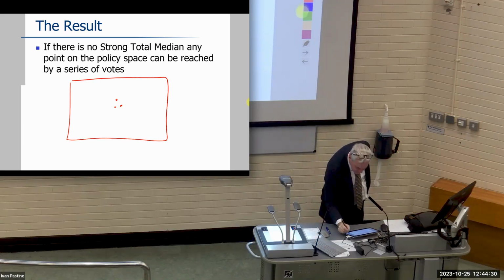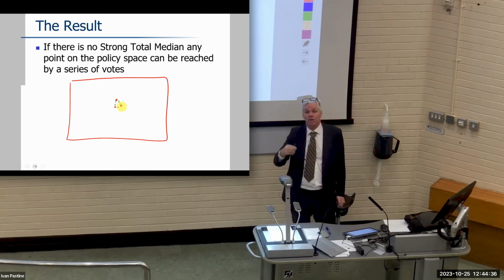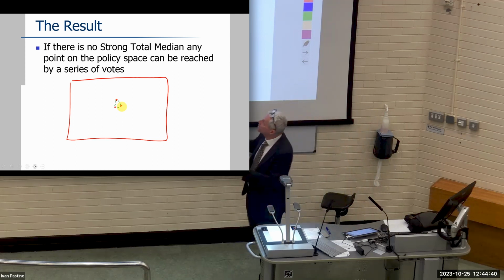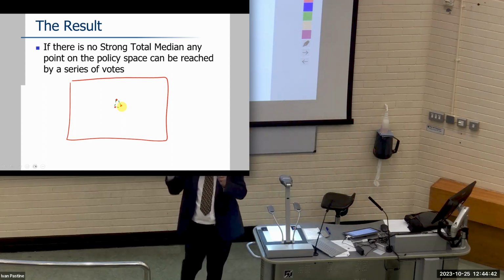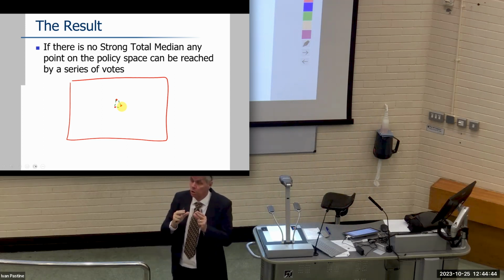This area in here was similar to that indeterminate zone that we had in one policy dimension. And that was no big deal, because if we had lots of voters, that was going to get really small, right?